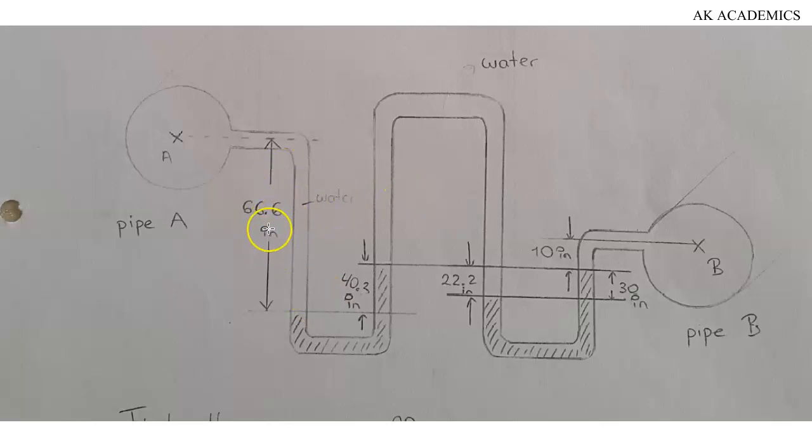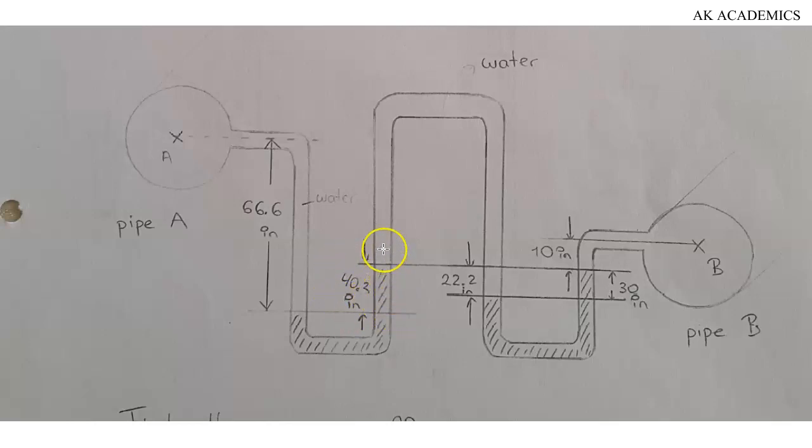So for water, the height is given. Also, this is another liquid, and this is going to be mercury. The mercury has 40.3 inches height flowing up, as you can see. So this is going to carry a negative sign.